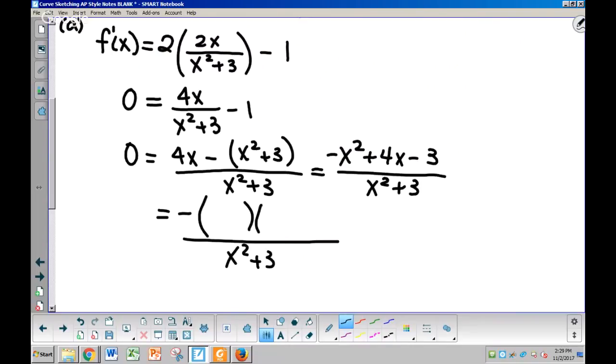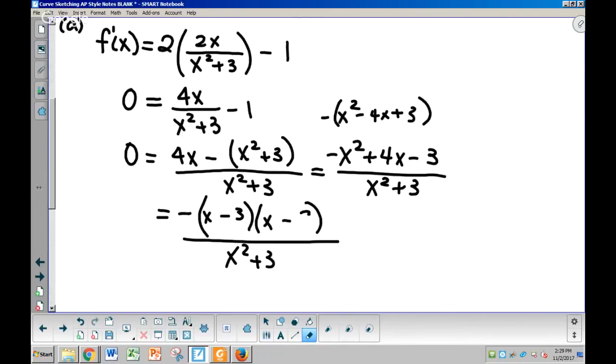If I factor the numerator, this turns out to be x squared minus 4x plus 3, which is x minus 3 times x minus 1. Would you agree with that?